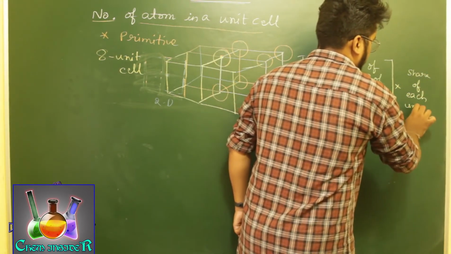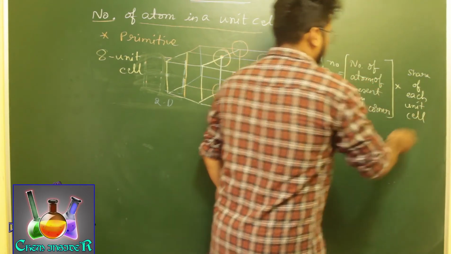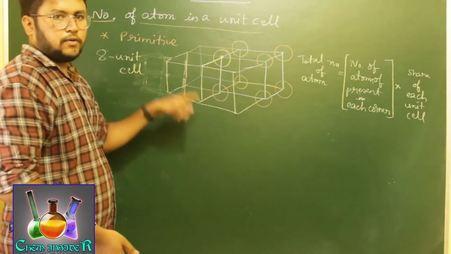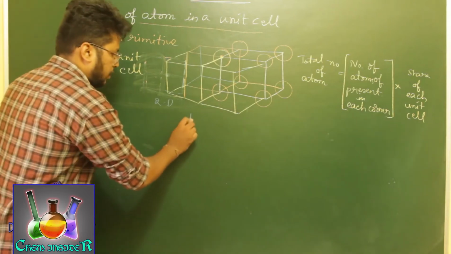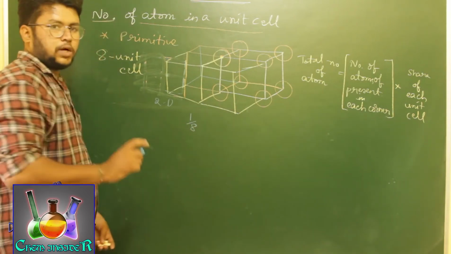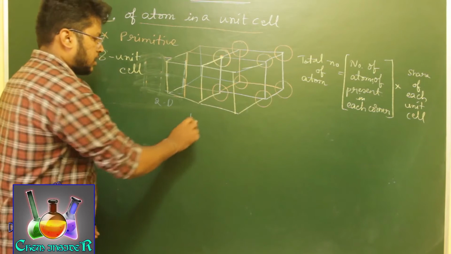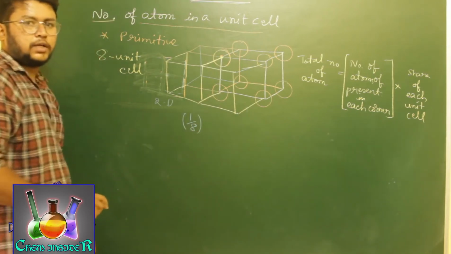So what will be the unit cell share for each atom? One atom is shared by 8 different unit cells. Therefore, one atom divided by 8. So one unit cell gets 1 by 8th part of an atom.